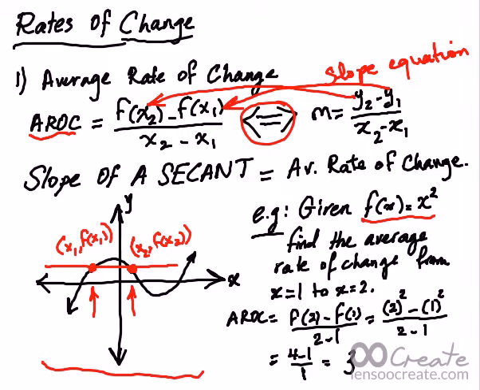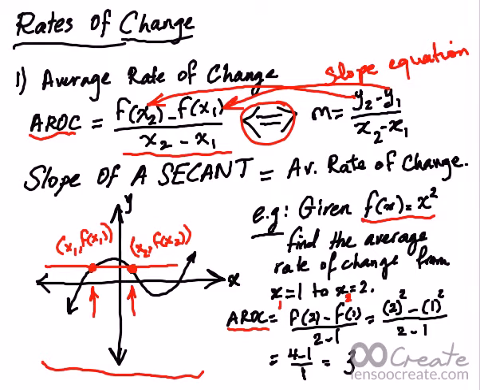So f of x2 minus f of x1 over x2 minus x1, the equation we see above here. So x2 is the value 2, and x1 will be the value 1. So we just substitute those values in our average rate of change equation.